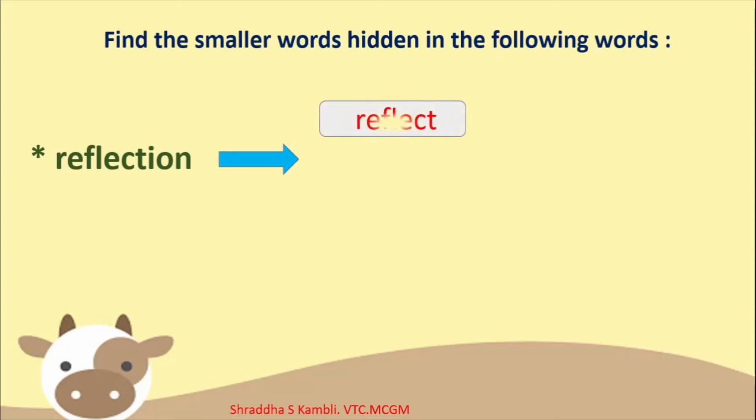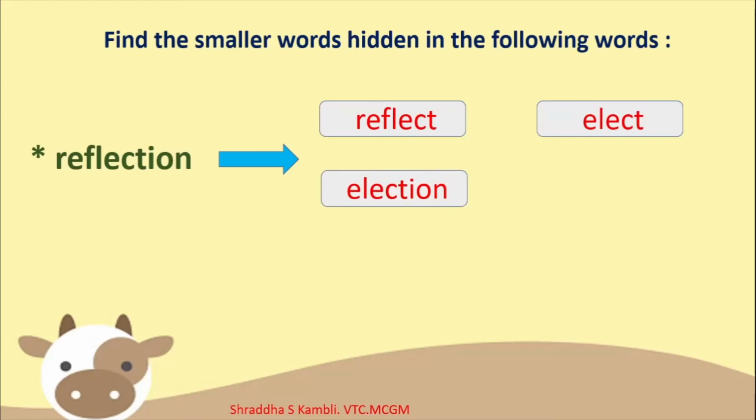So you have reflect, R-E-F-L-E-C-T. Reflect. Then you have elect, E-L-E-C-T. Elect. Then you have election, E-L-E-C-T-I-O-N. And then you have lion, L-I-O-N.